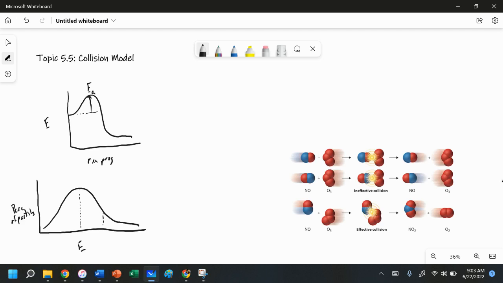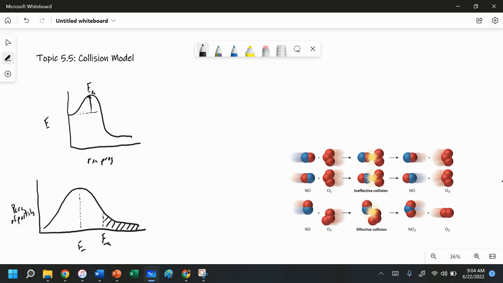At some point, we have the energy needed for the particles to actually react with one another, the activation energy. And so at any given temperature, there's going to be a certain number of particles that do have the amount of energy required to react. A Maxwell-Boltzmann distribution simply allows you to see what percentage of the particles in a given sample at a given temperature would have the energy required to overcome the activation energy.